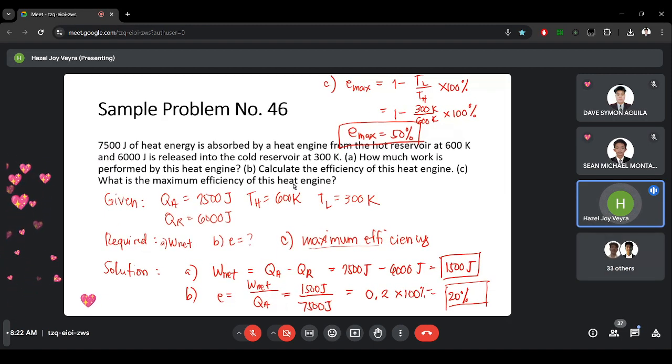Okay, so that is all for the Carnot cycle. I asked Sir Roy Latayan until what topic he's going to cover for the final, and he told me that his coverage will be up until Carnot cycle only.